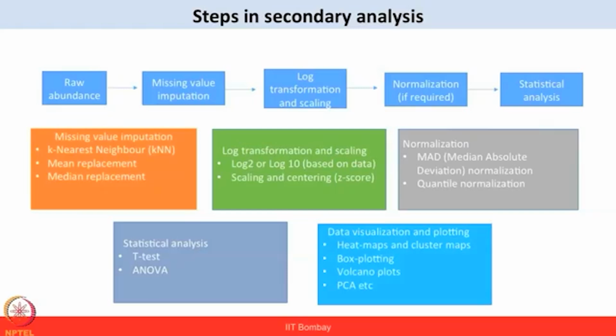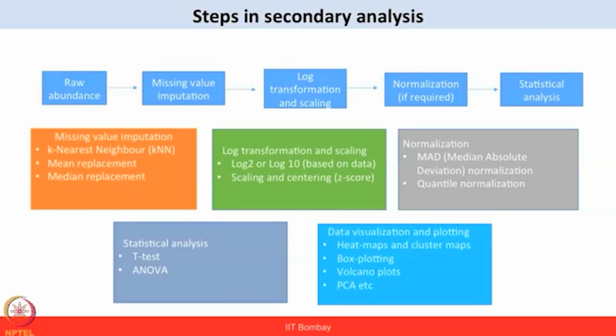And next come the statistical analysis steps. Statistical analysis is performed to test a hypothesis basically. So, depending on your experimental question, you want to know the significantly dysregulated genes or proteins or mRNAs that are present in disease samples as compared to controls. So, we need to perform t-test or ANOVA test or regression analysis.